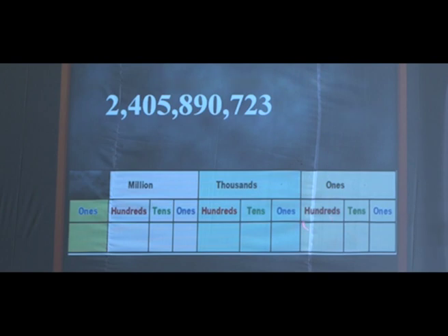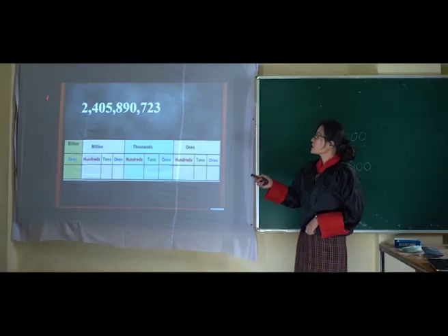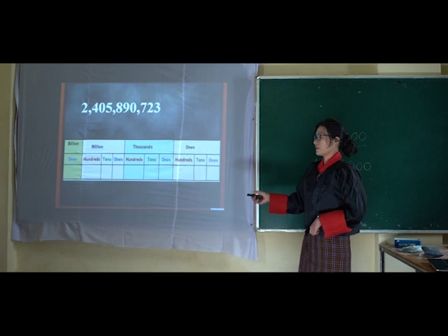We have the ones period, the thousands period, the millions period, and what comes after million? What is greater than 100 million? It's the billion. Have you heard this word before? Billion?